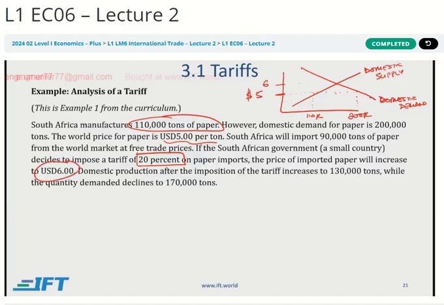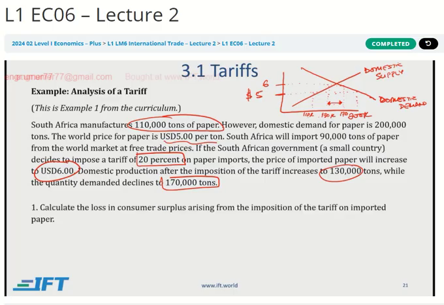Now when the price goes up to 6, the first thing that will happen is that the domestic producers can supply more. Initially they were only able to supply 110K. Now they will be able to supply 130K. So the local supply goes up at the higher price, of course. And secondly, the overall demand will come down. So at this price of 6, the demand now comes down to 170. So now only this much will be imported, between 130 and 170.